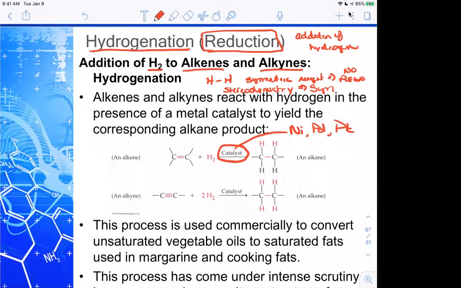It's a metal catalyst, and what I get is the alkane. So I add hydrogen to both sides of my double bond. I get a fully saturated alkane when I do this.